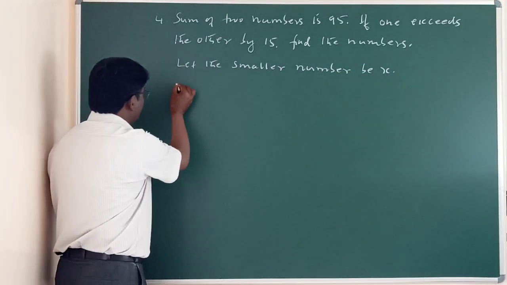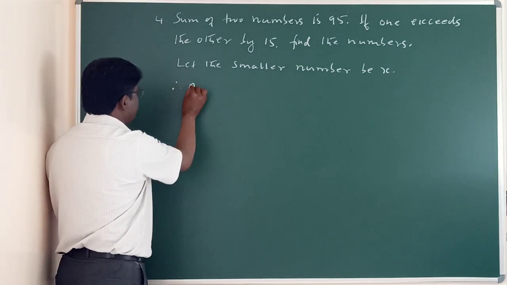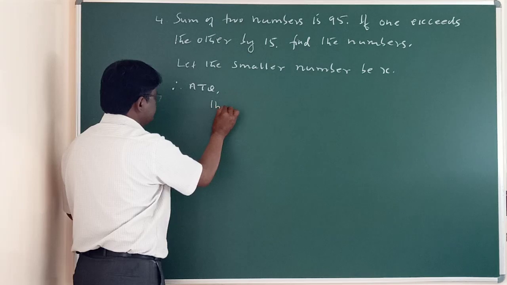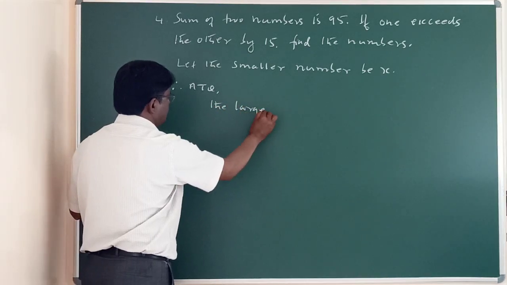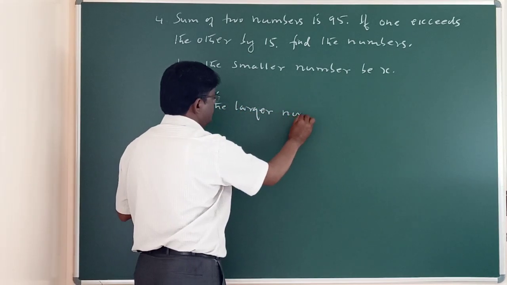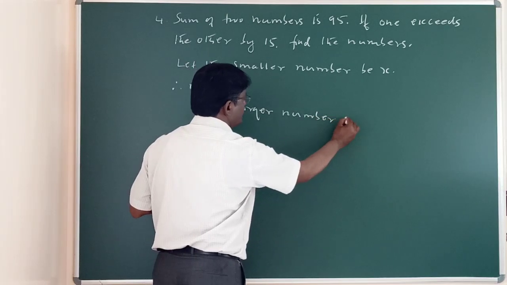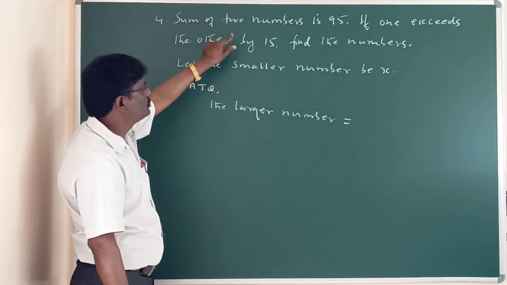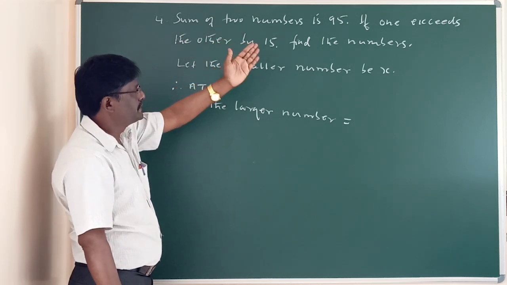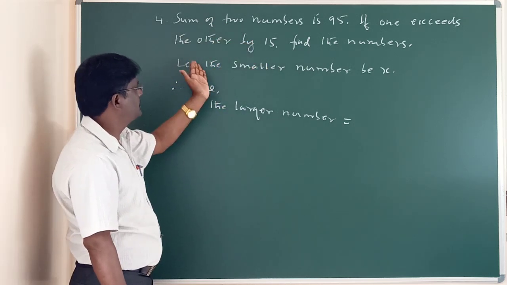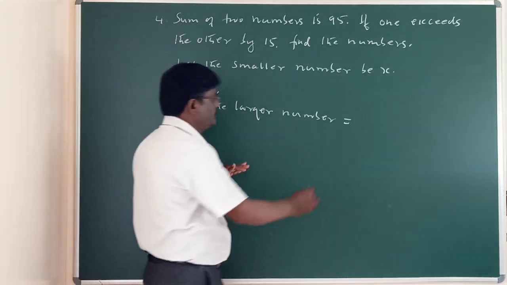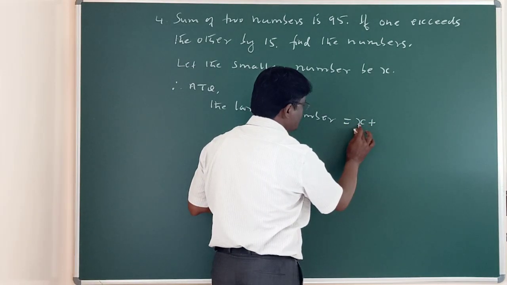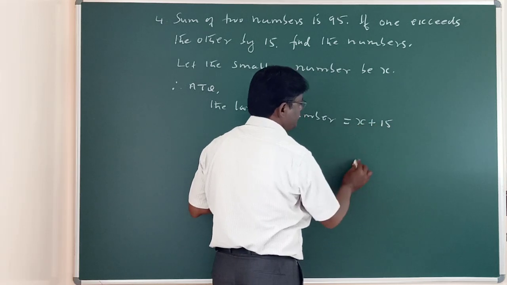Therefore, according to the question, ATQ, the larger number will be, since the sum of two numbers is 95, if one exceeds the other by 15, the larger number exceeds the smaller by 15.